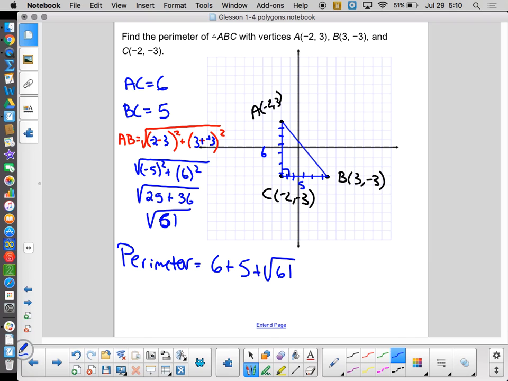The 6 plus 5 is clearly 11, plus the square root of 61, and I get about 18.8. So the perimeter of that triangle is about 18.8 units, whatever those squares represent.